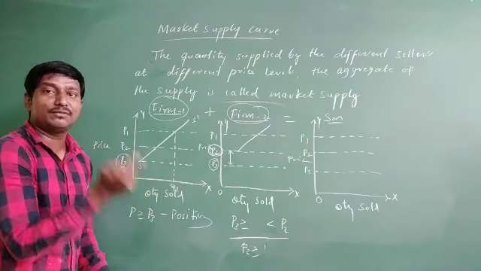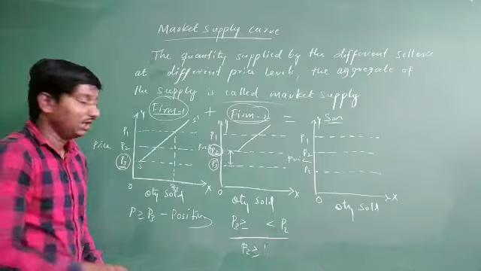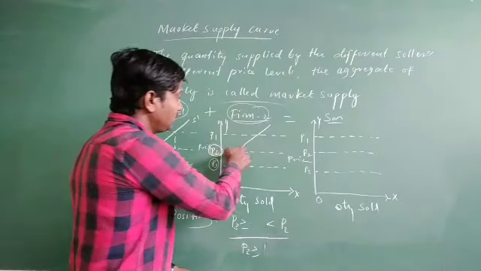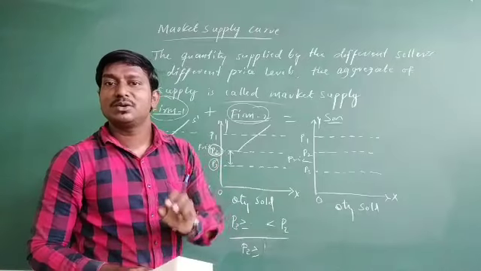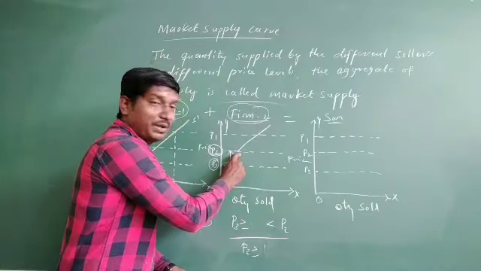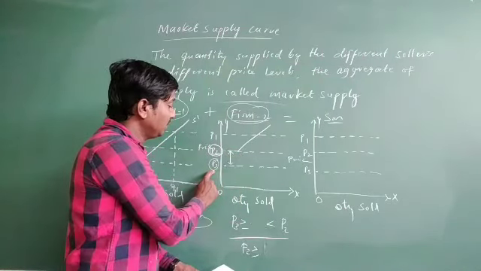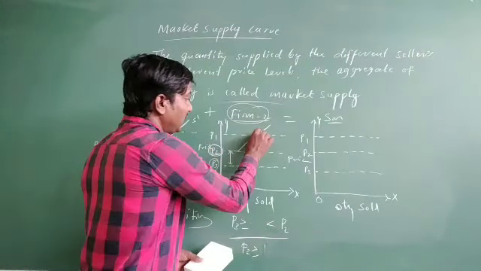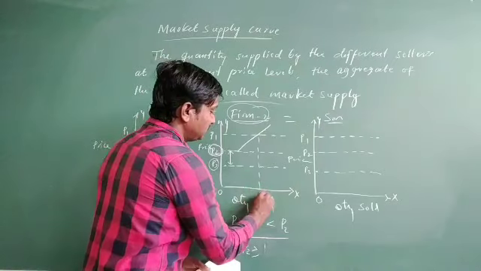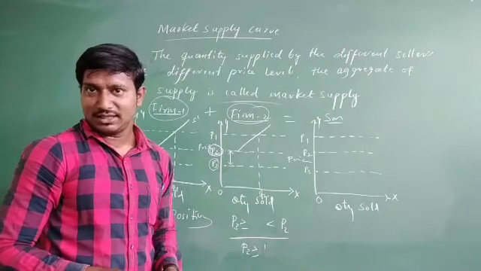Firm 1 can supply if the price is greater than or equal to P3 and above. Firm 2 will not supply any quantity if the price is between P3 and P2. Okay, this is the nature of firm 2, and it supplies, say for example, Q2 as the quantity level.